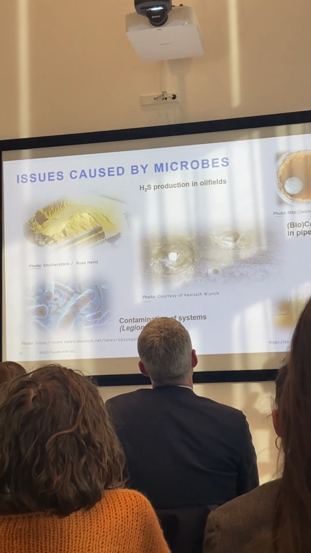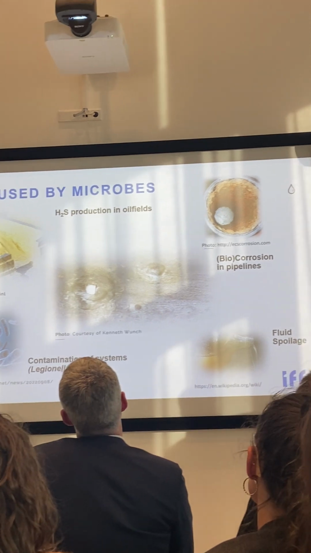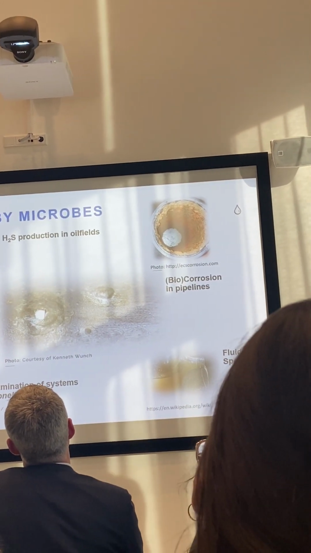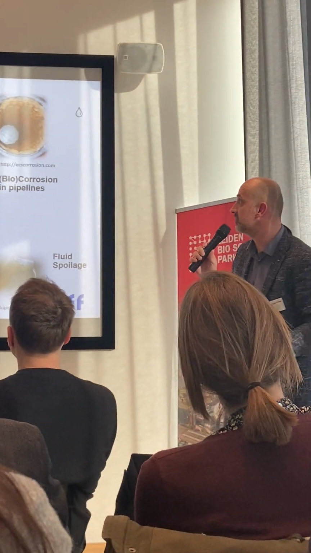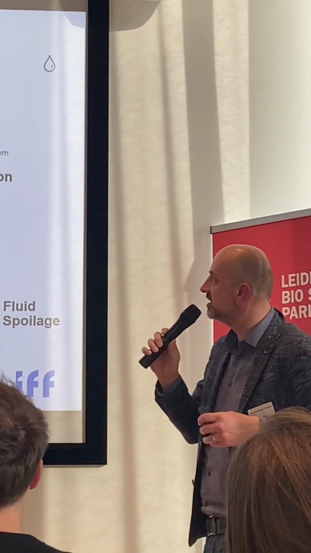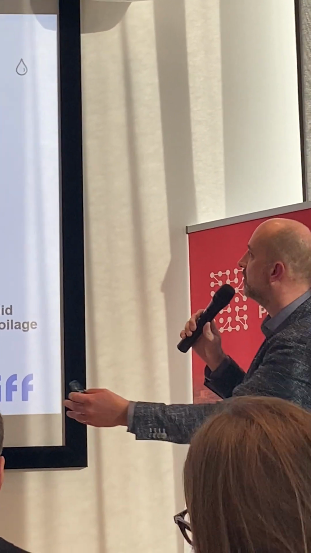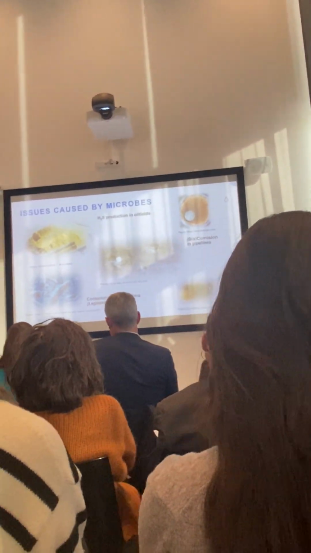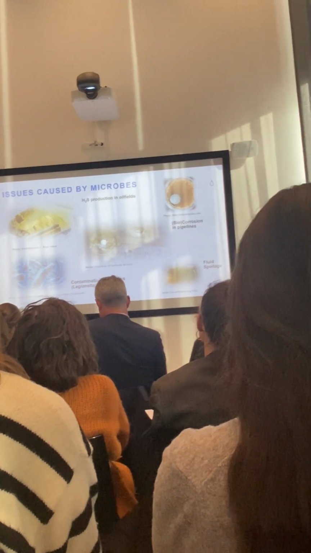So what are some of the issues caused by microbes that you see in industry? Well, legacy from the oil world, for example, H2S production in oil fields. For fun, after this talk, if you type in, for example, Canada and sulfur mountains, or maybe more funny, the sulfur pyramid, you can see, because the oil industry is injecting so much seawater to displace the oil, it's an oxygen-poor environment where an older microbiology kicks in, where sulfate is reduced back to H2S, that has to be then oxidized back to elemental sulfur.